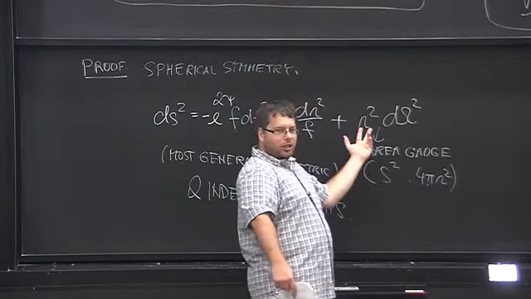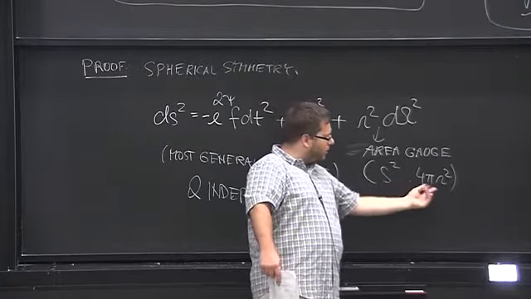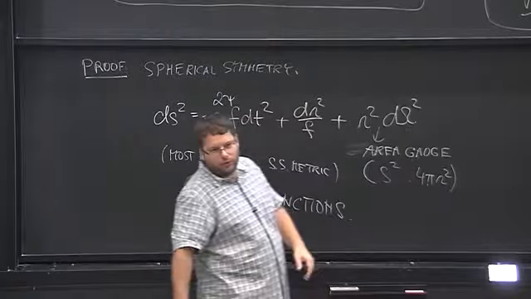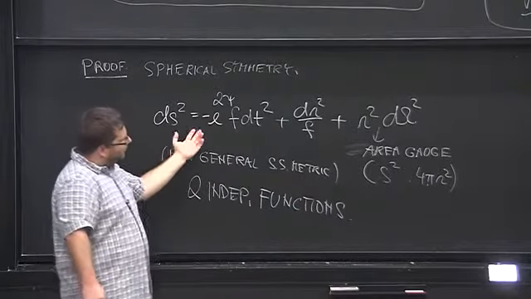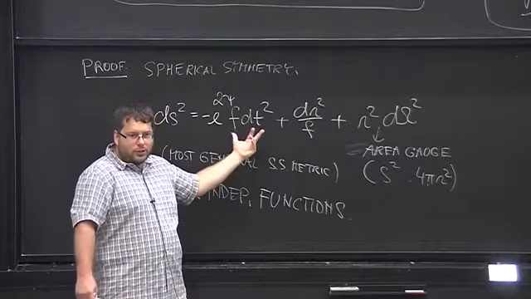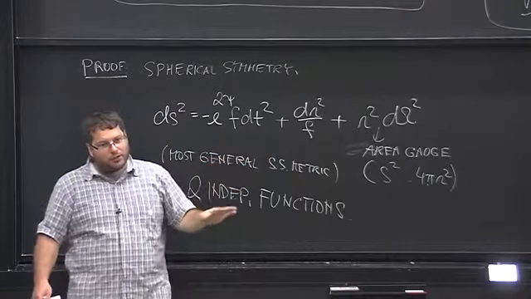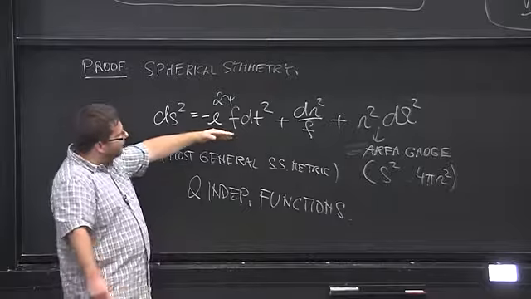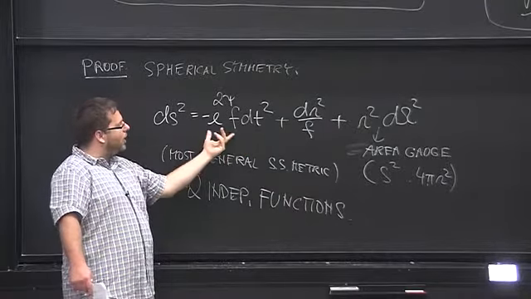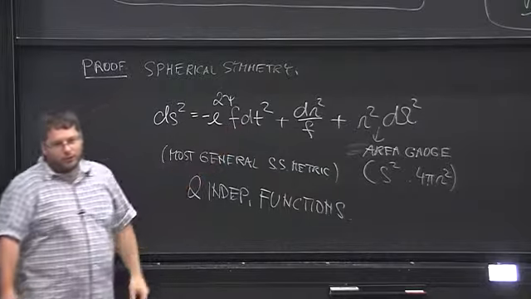If I put a function g here, the area won't be 4 pi r squared, but it will be 4 pi g squared. And g is some arbitrary function of r. And then what I'm left with is a 2 by 2 matrix, which I can always diagonalize. So that's why I can kill the dt dr terms. So if I can diagonalize, it's only parameterized by 2 functions.